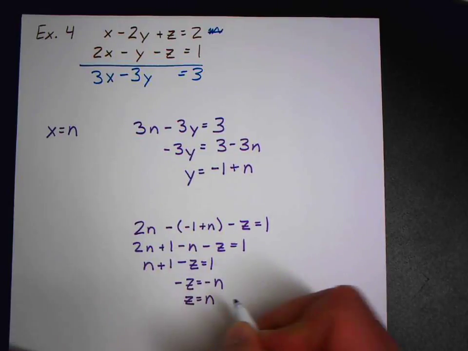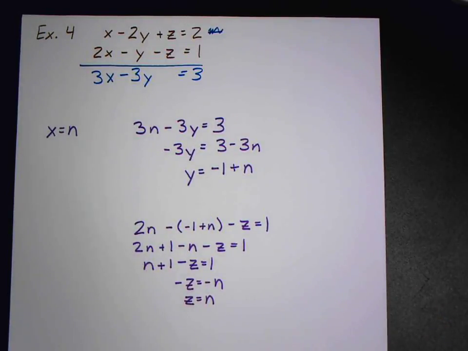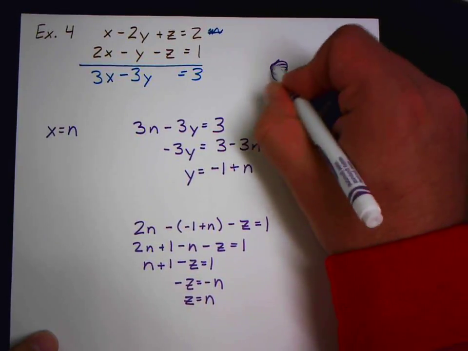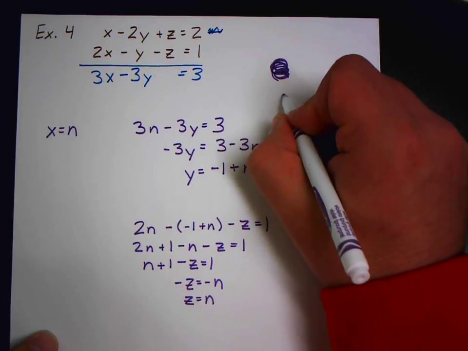Oh, look, z ended up being equal to n also. That normally doesn't happen. I thought that this one would come out to be a little bit different, but it didn't.